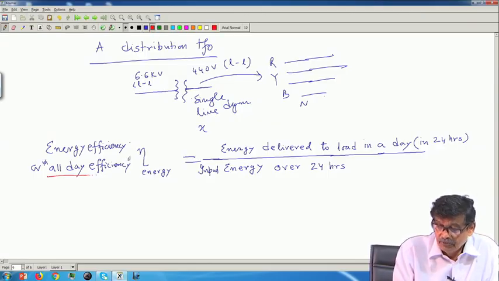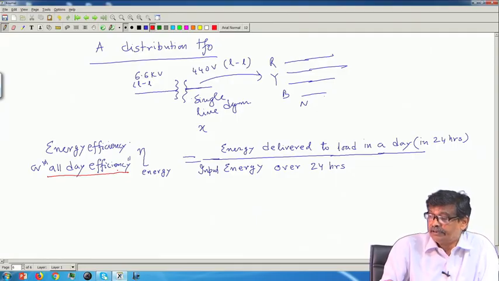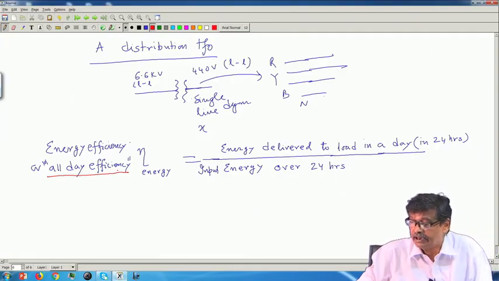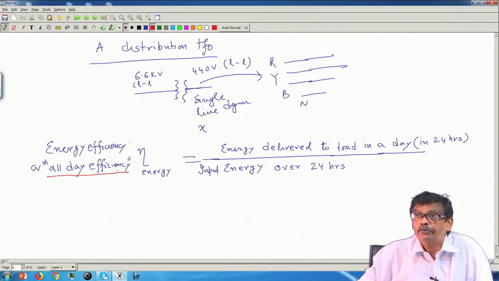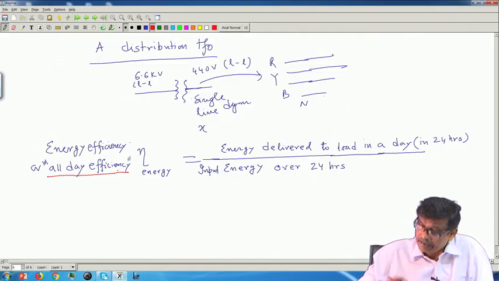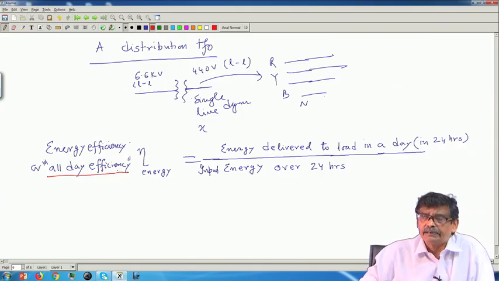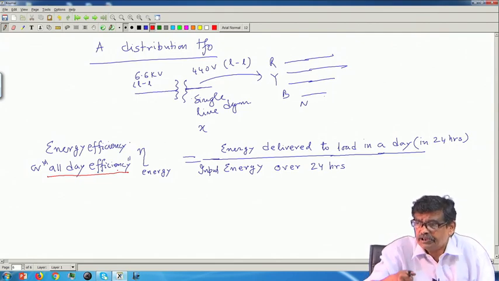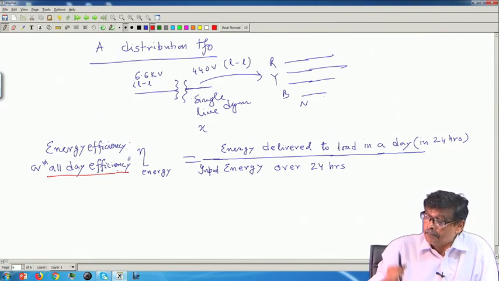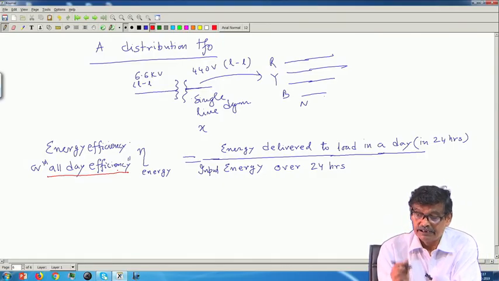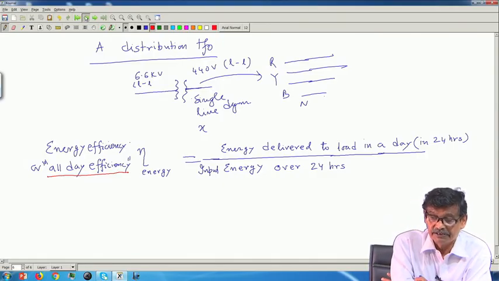Clear? We will discuss how to calculate energy delivered to the load in 24 hours and input energy over the same 24 hours of length. And from this we will try to say whether this distribution transformer is good or not. That is the idea.